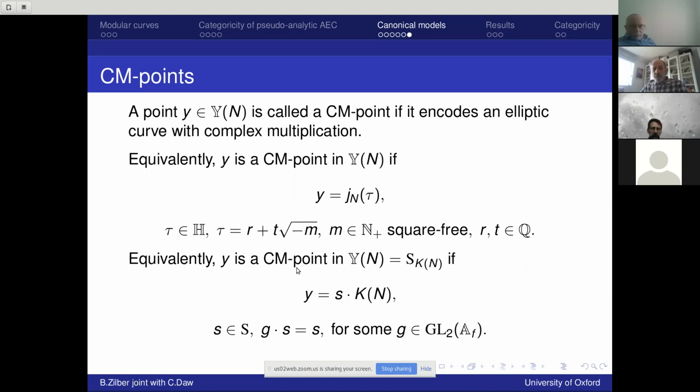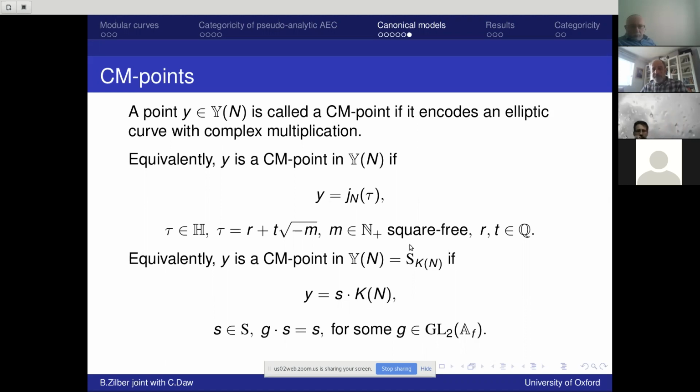And one more equivalent form of this definition, if you think in terms of canonical models: you see this as a quotient by a certain subgroup, right? And then you take the representative of the coset, which should be a fixed point of some element of adelic GL2.